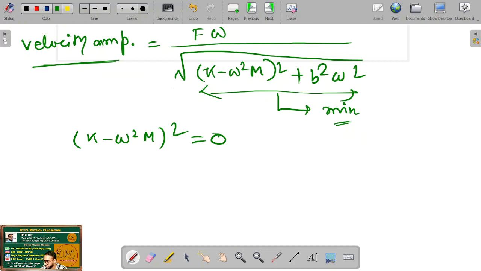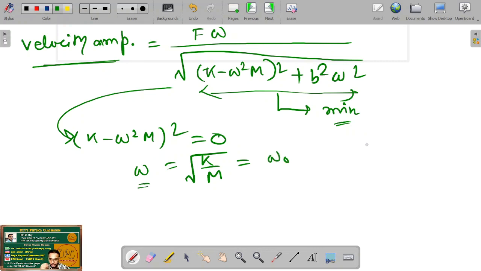So this will become minima when this becomes 0, or omega becomes root under k by m, which is also the natural frequency. So in case of velocity resonance, the frequency of the oscillating system would be equal to the frequency of the imposed force.